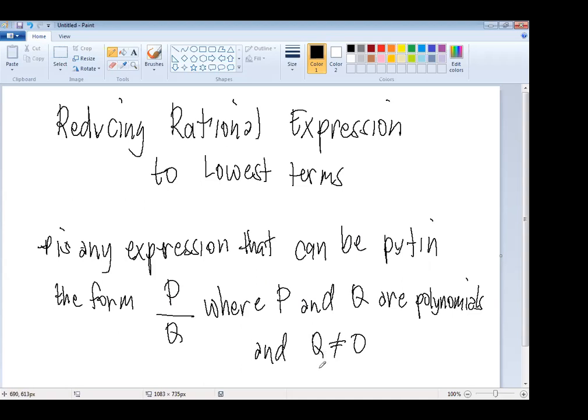Because if the denominator is equal to 0, it will give you an undefined solution.